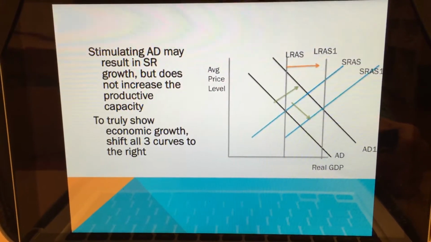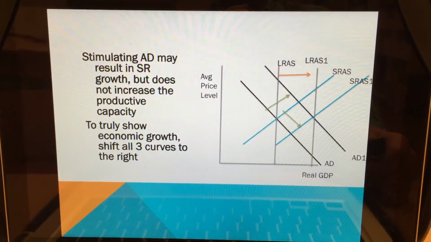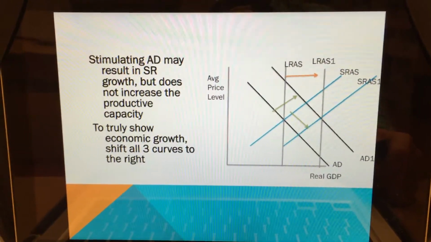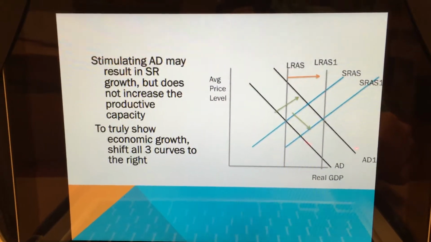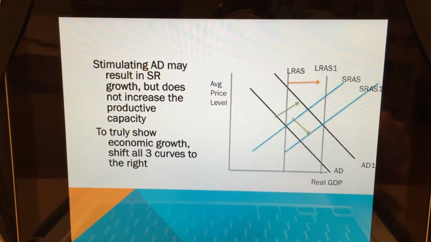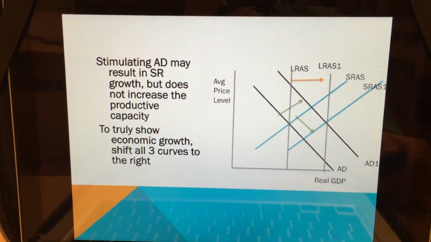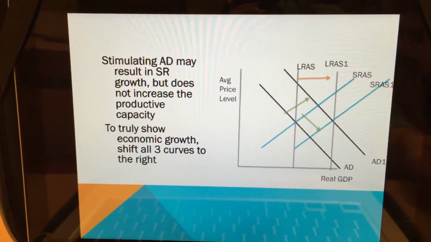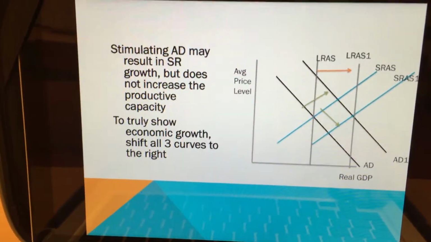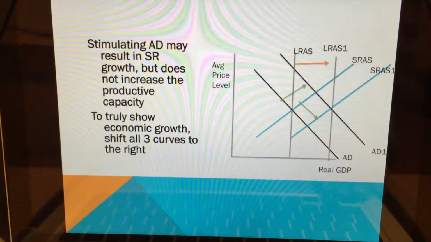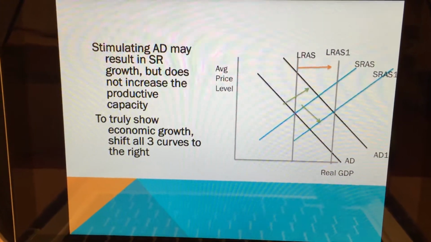However, if increased investment in technology and machines happens, firms would probably also become more productive. So SRAS would also shift. If both AD and SRAS shift, then potentially long-run aggregate supply would also shift with them, and we would have an increase in real GDP.